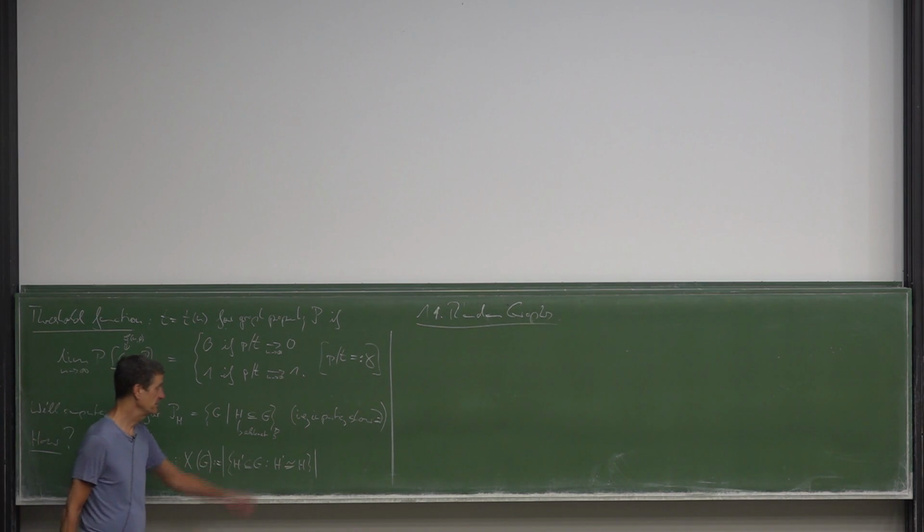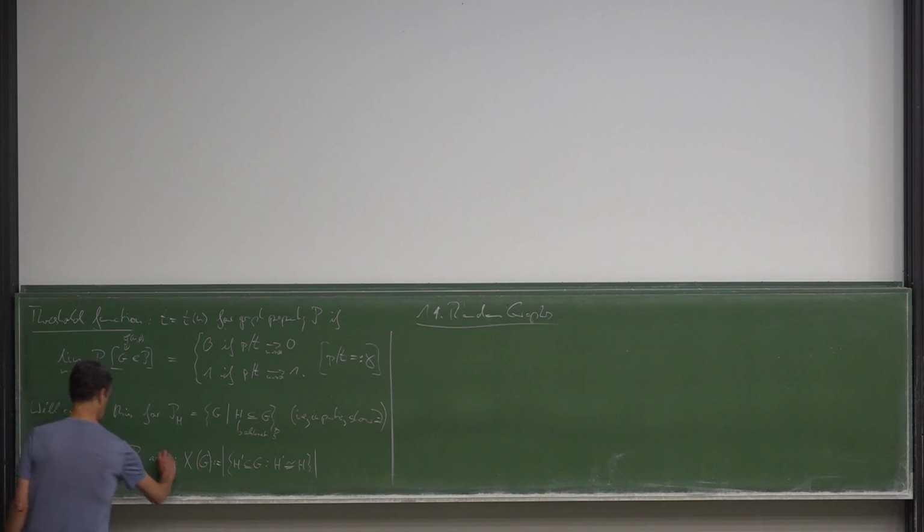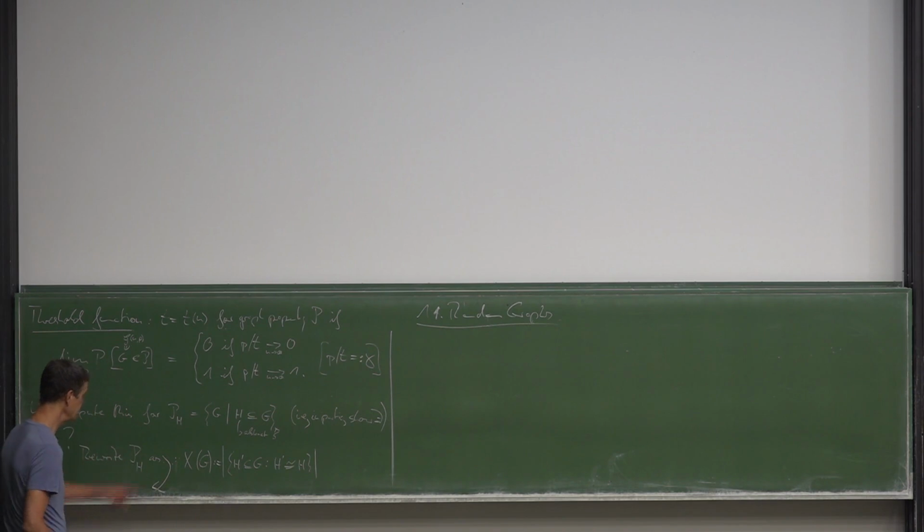It's just the number of copies of H in G. And then the probability of the property P_H is equivalent to saying that X is bigger than 0, that there exists a copy of H in G.